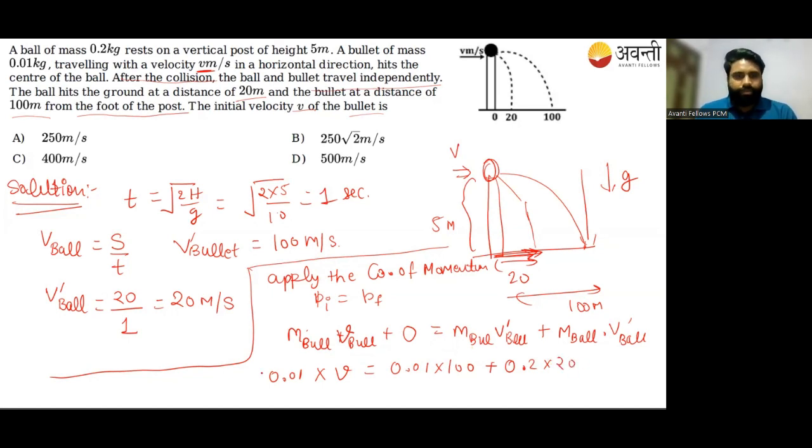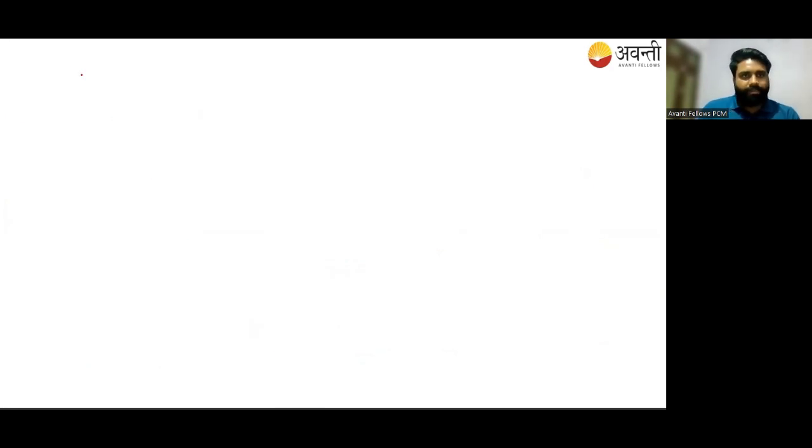So we have 0.01 into V equals 0.01 multiplied with 100 plus 0.2 multiplied with 20.